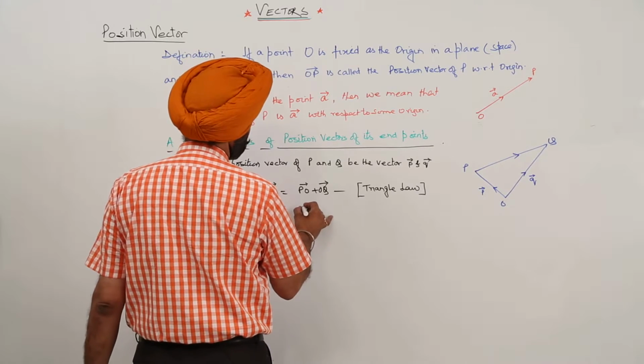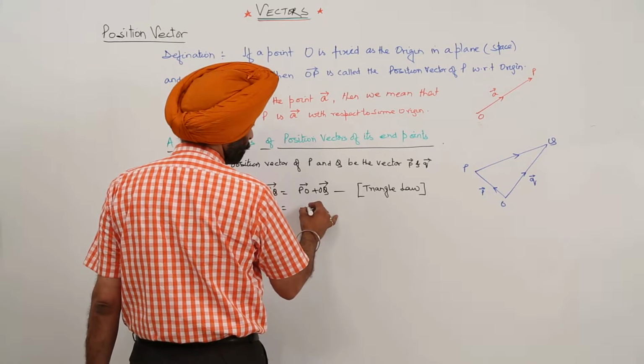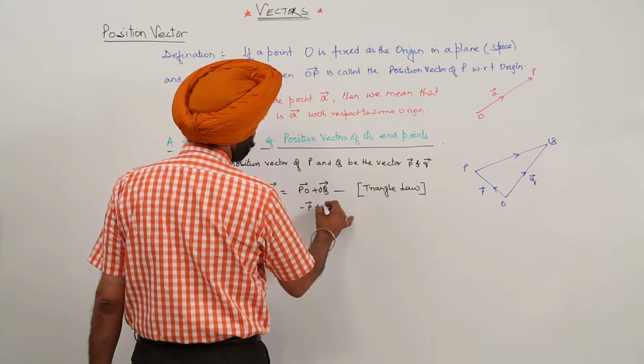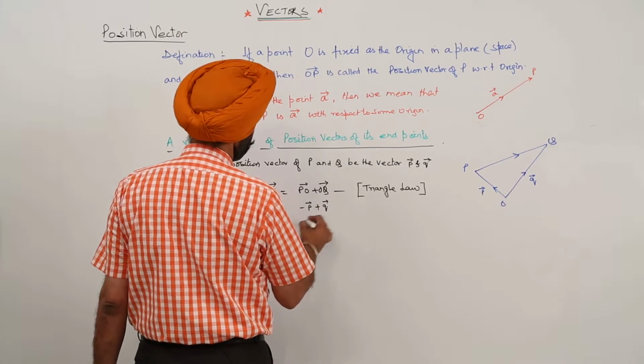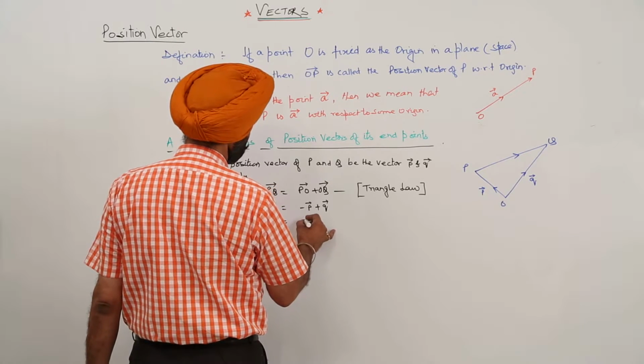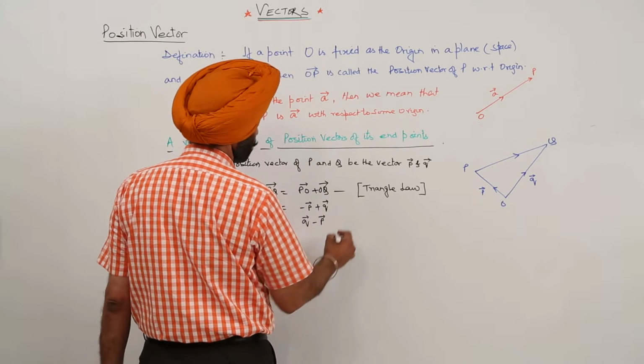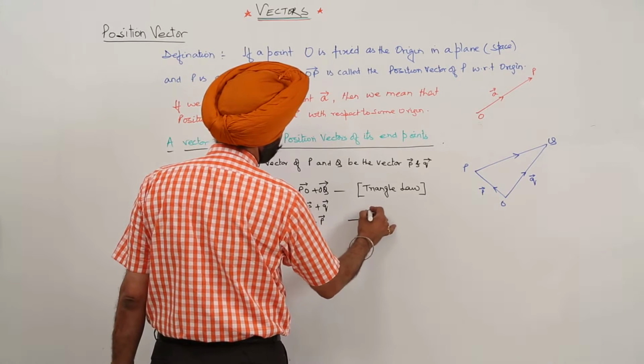So PQ is equal to negative of vector p followed by vector q, vector q followed by negative of vector p.